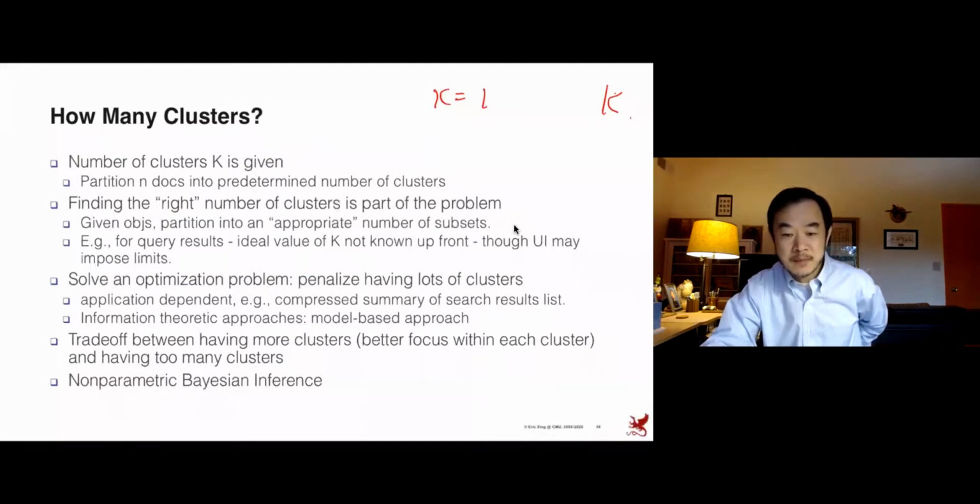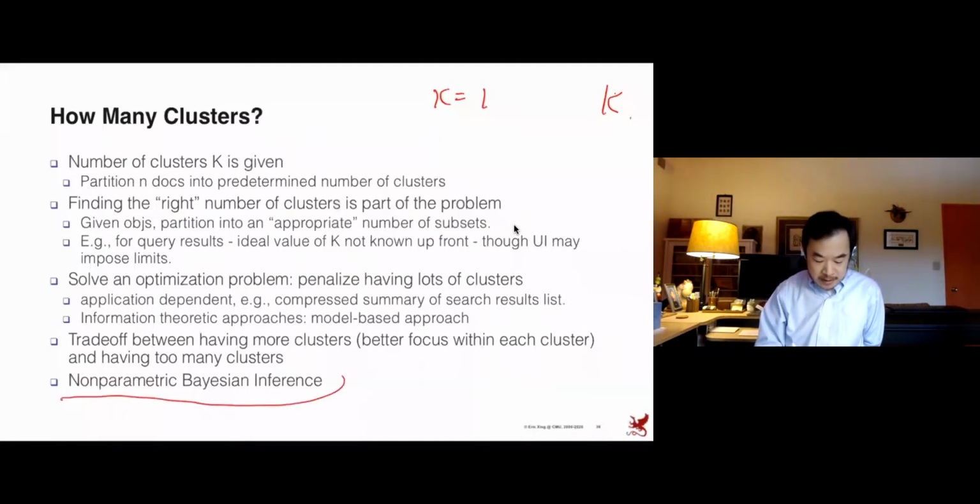I do want to mention one thing that has a nice theory, which is non-parametric Bayesian inference. In there, the number of clusters k is treated as a random variable with infinite cardinality, meaning that it literally ranges from 1 to infinity in theory.